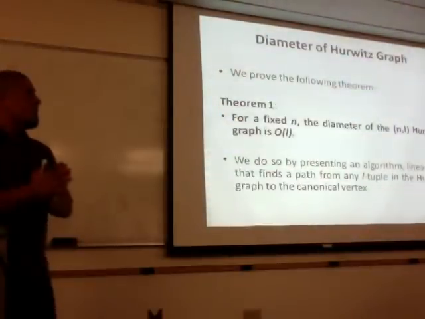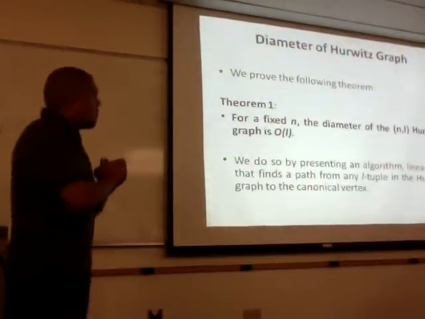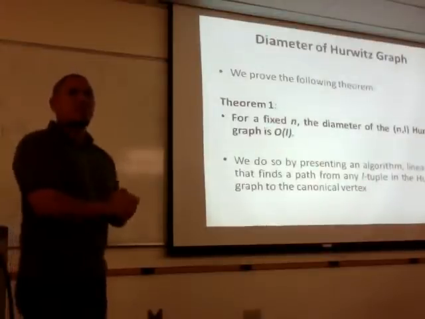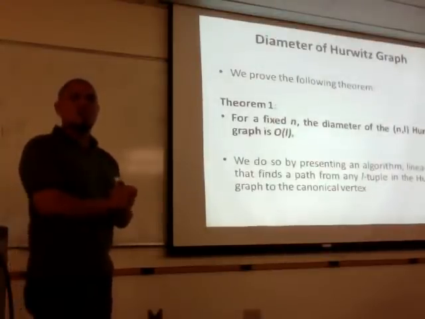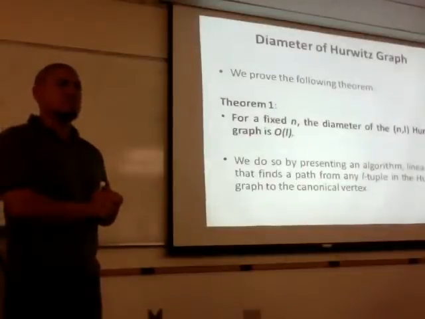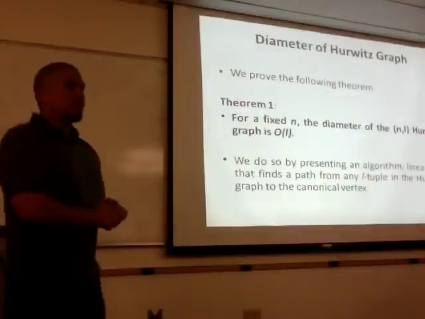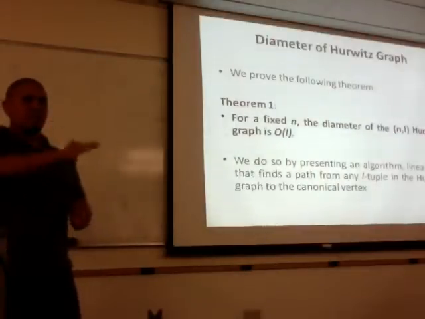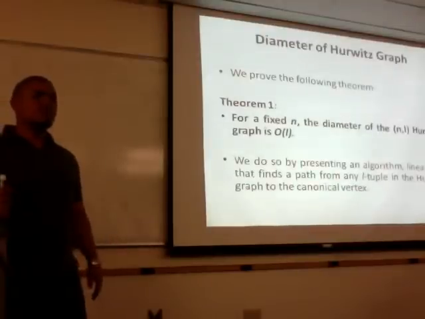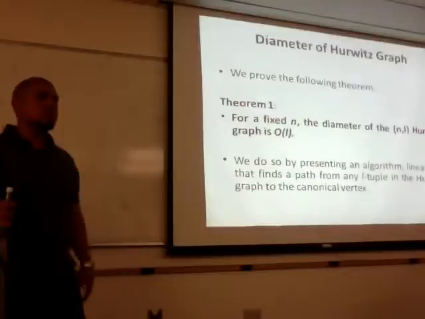We want to know how fast the diameter of this graph grows with respect to the order of the graph. I mean, this is really the question. Because the order of the graph being a fraction of the total number of these factorizations, the total number of factorizations is what?